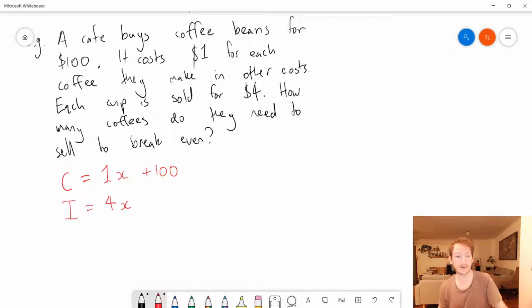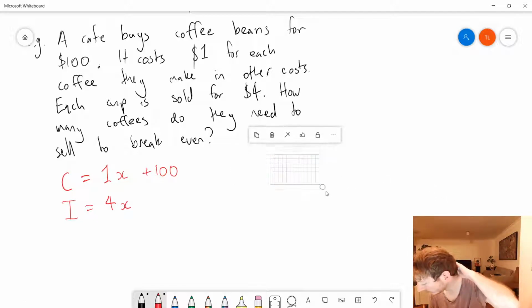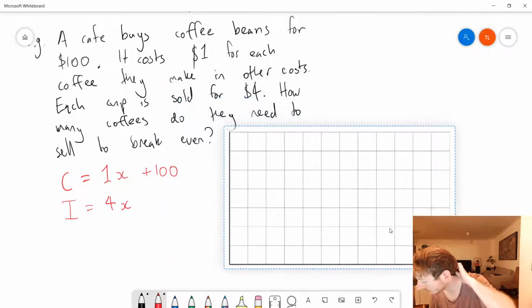I'm just going to quickly grab a blank graph, because why not? Make it neat, hey? Blank graph images, grab Old Faithful, we've used this one a few times now. Alrighty.